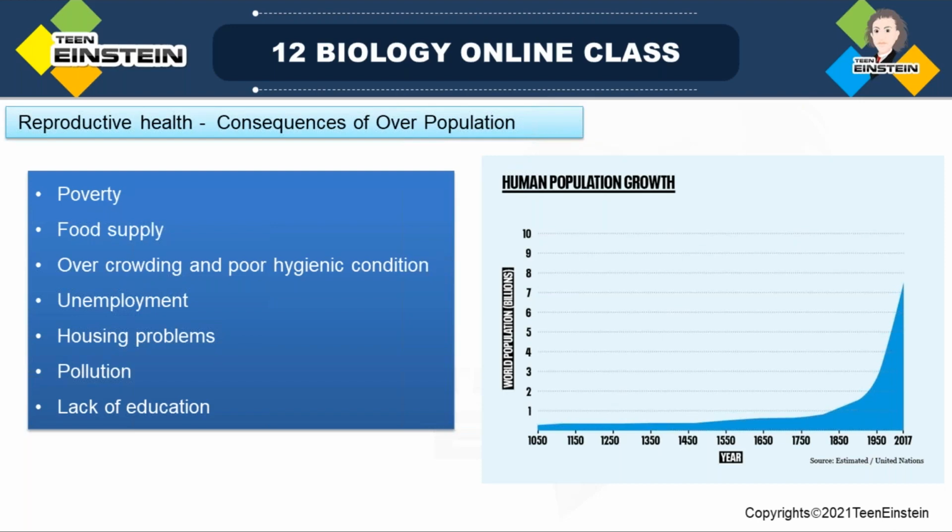So there will be a lack of education. That is also included in the consequences of overpopulation. So: poverty, food supply, overcrowding and poor hygienic condition, then unemployment, housing problem, pollution, and lack of education. These are the consequences of overpopulation.